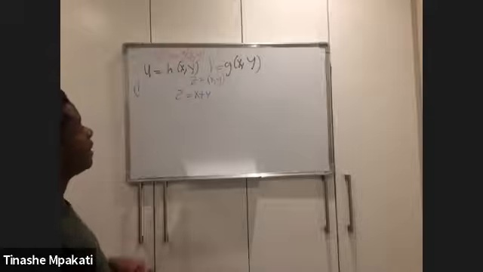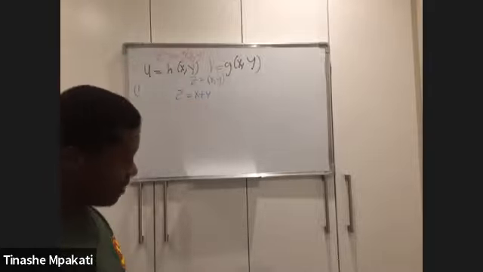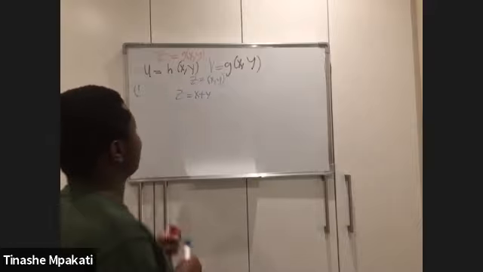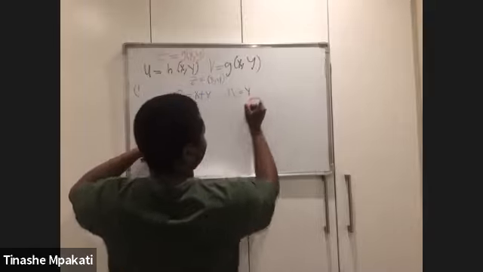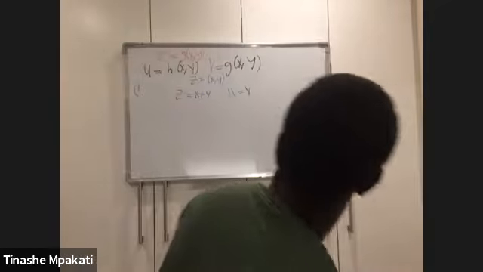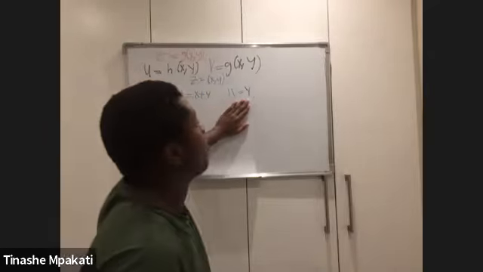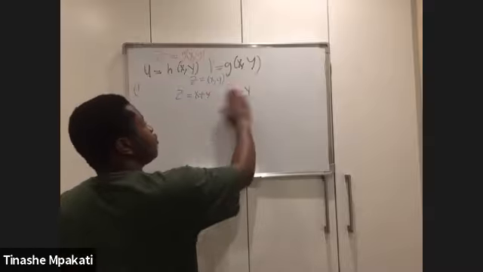So you will be given z is equal to x plus y, or maybe they'll say z is equal to x plus y, and then you also get maybe w is equal to y. So there are two cases that can happen: either they will give you that z is equal to x plus y and also that w is equal to y, or maybe they'll just give you that z is equal to x plus y.